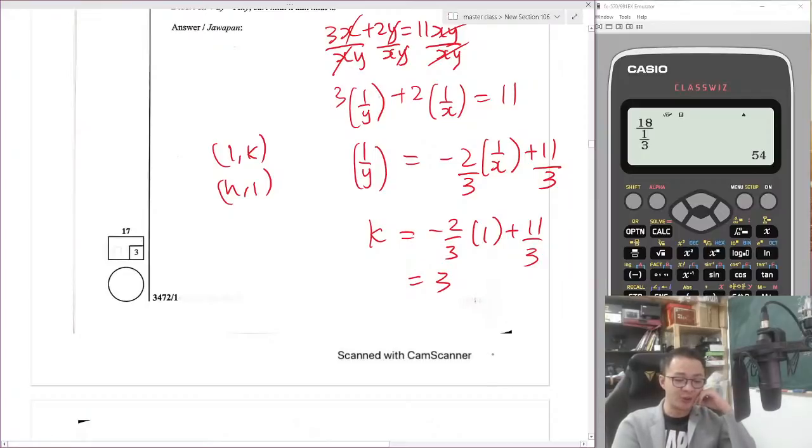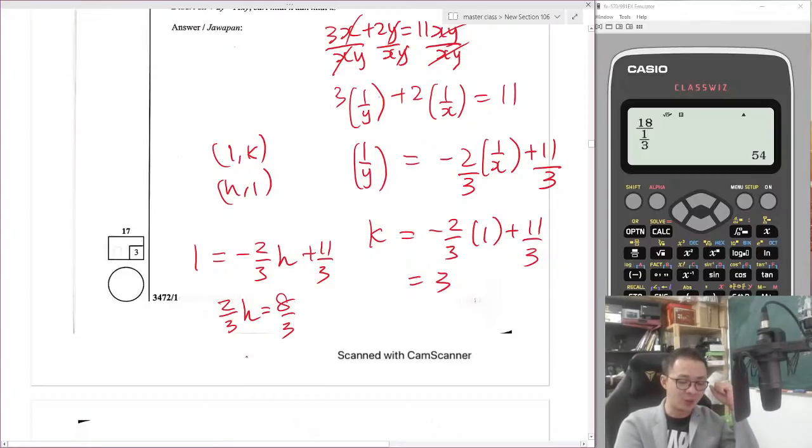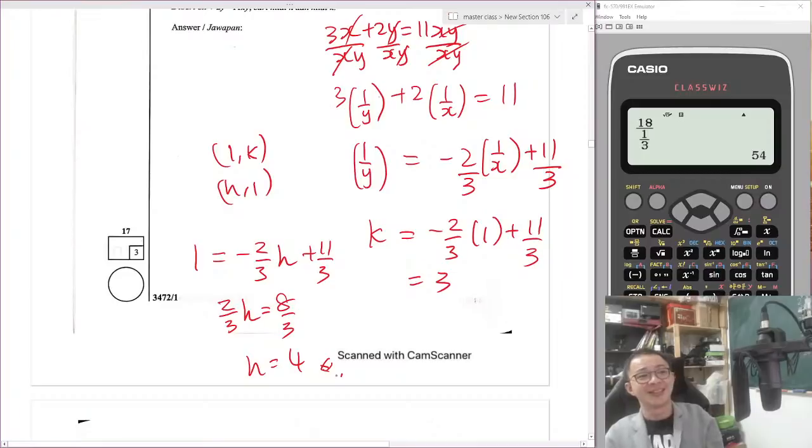Then I do the same thing, sub the 1 into 1 over y and the h into 1 over x. Solving this, 2 over 3h equals minus 1 minus 8 over 3, so h equals 4. This is how I get k and h easily.